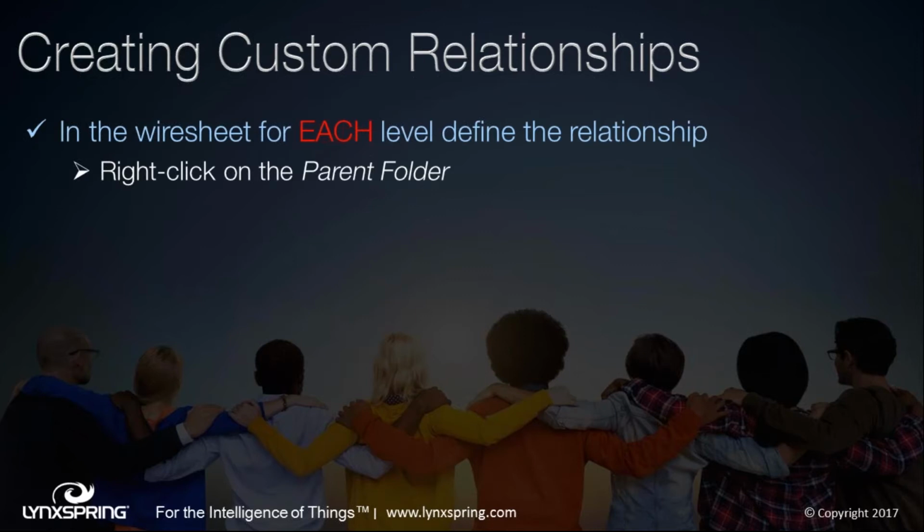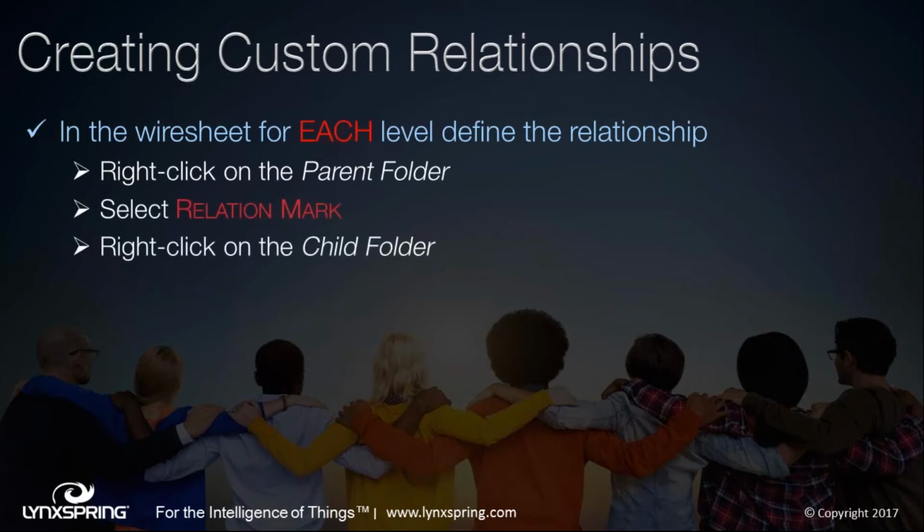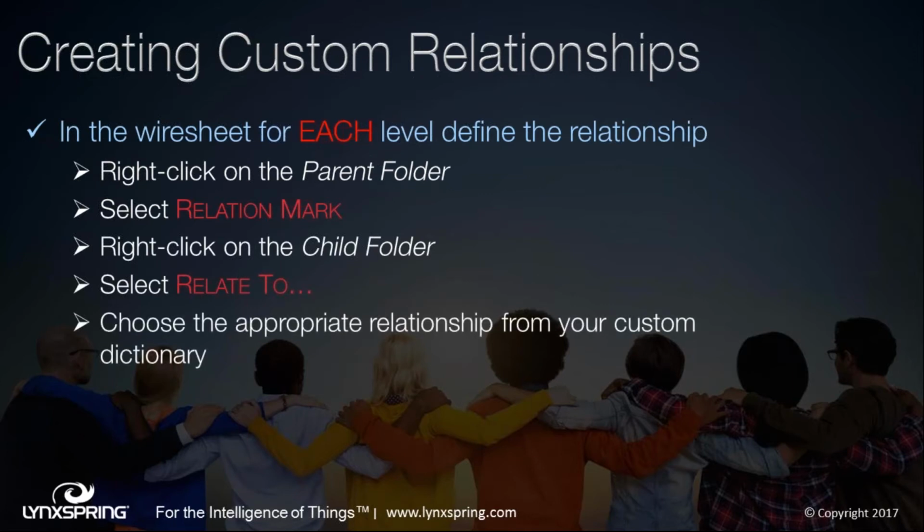For each level that you want, you have to define that relationship. You can do that by right-clicking on the parent folder, select the relation mark, which is in that right-click menu, then go down and right-click on your child folder. There's a relate to that appears. You'll want to relate it to that parent folder.